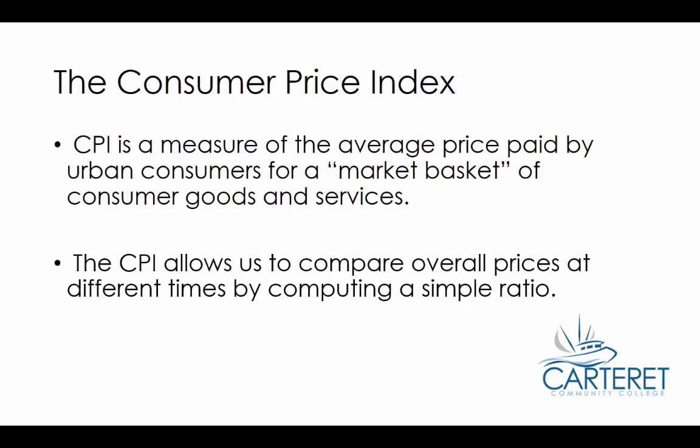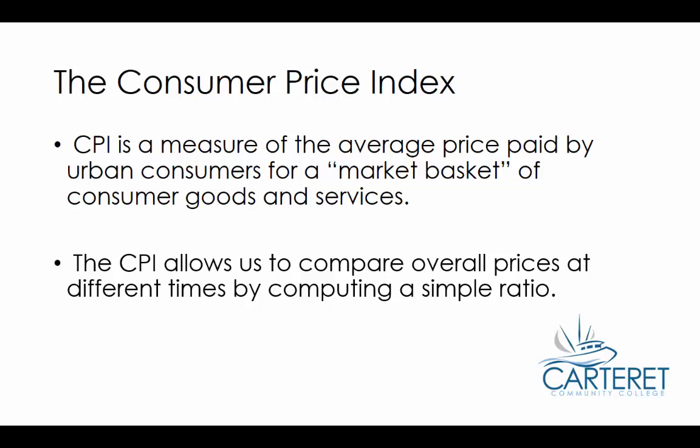The Bureau of Labor Statistics reports the CPI each month as it is used to monitor changes in the cost of living over time. The percentage increase in the CPI from one year to the next gives one measure of the annual rate of inflation. According to the U.S. Department of Labor, this market basket consists of commodities from such categories as food and beverage, housing, apparel, transportation, medical care, recreation, and educational expenses.